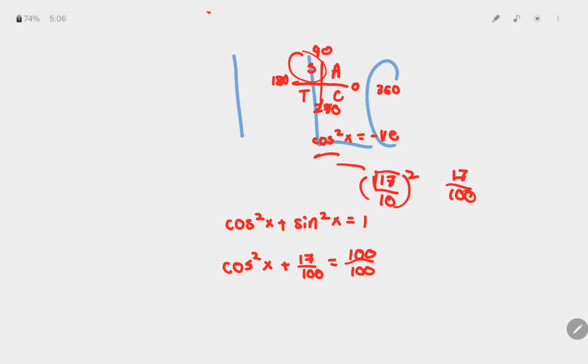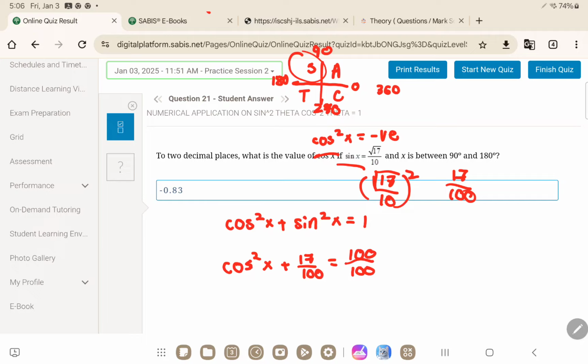Sorry guys, I misclicked on something on the screen. Anyways, I was saying that to find cosine squared x, you do 100 over 100 minus 17 over 100, which is 83 over 100, and negative since cosine is negative.